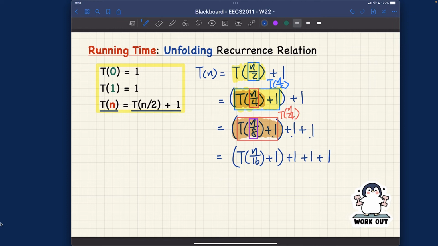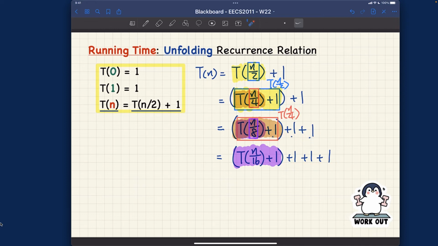And the purple, do I have purple highlights? I think I should have. Okay, how about here? You can think about this part over here, t of n over 8, as really unfolded into t of n over 16 and plus 1 over here. Let me highlight that a little better. And you can see the plus 1s.